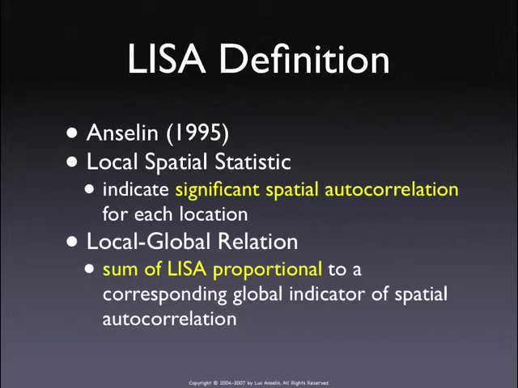In most cases, it's simply proportional to the global statistic. So then you can see how the global statistic is made up. You can take it apart into its components. And that's where the diagnostic aspect comes in, where you can identify if there are specific locations or subsets of locations that drive the global statistic. We talked a little bit about this in a different context when we discussed the Moran scatter plot.